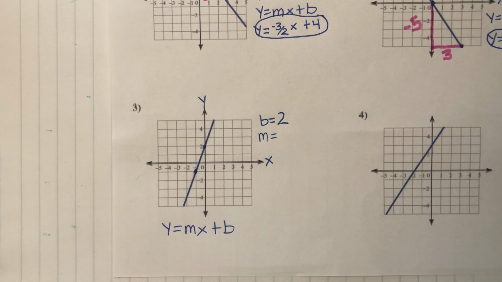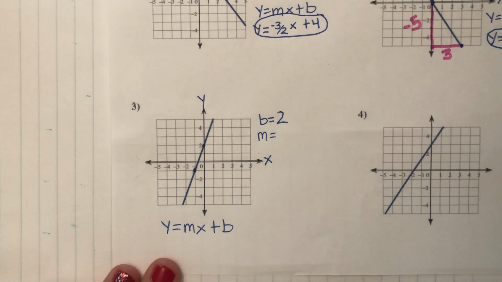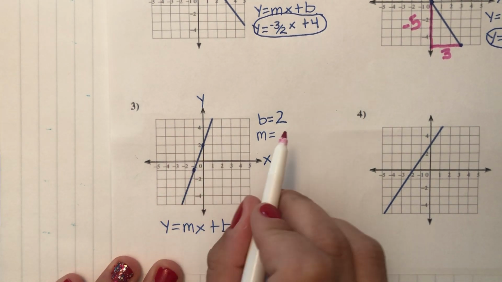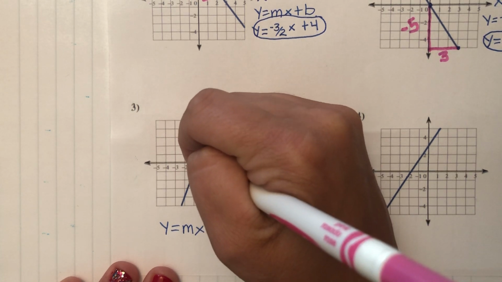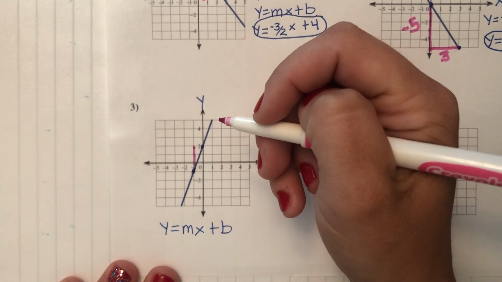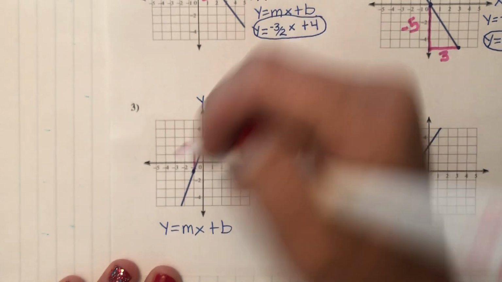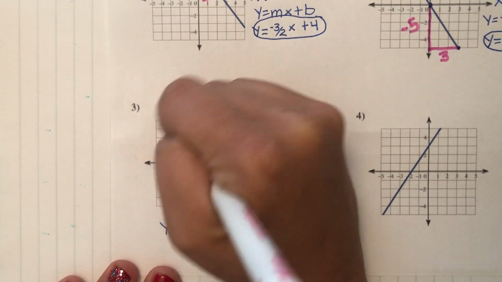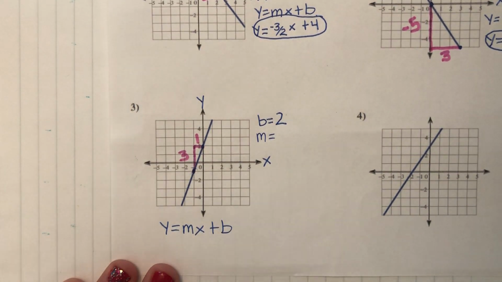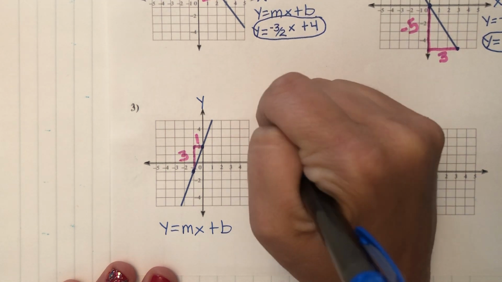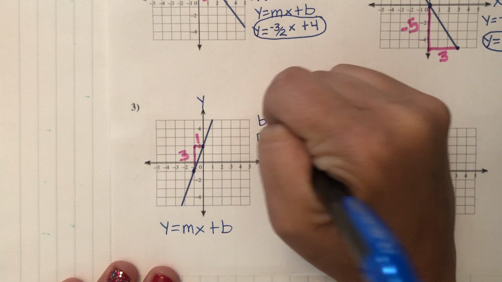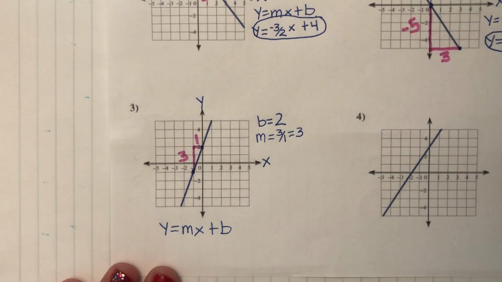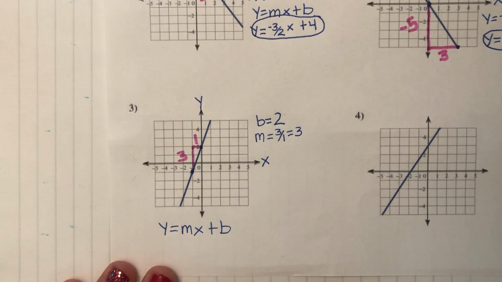I'm going to calculate the rise over the run. So how many units up and how many units right to get to my next point. So I'm going up 1, 2, 3 units, and I'm going to the right 1 unit. So positive 3 over 1. 3 over 1 can also be written as 3. 3 over 1 is the same thing as 3.